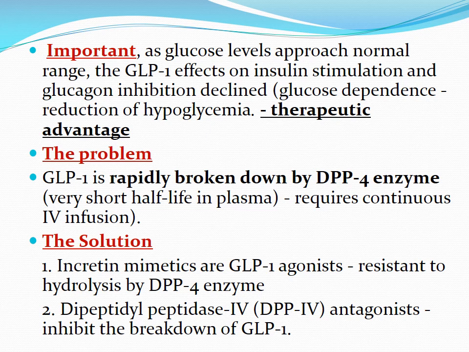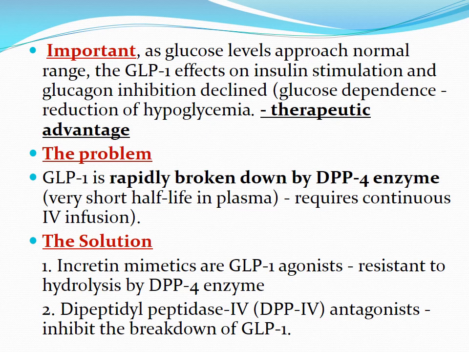It will not produce hypoglycemia, which is a therapeutic advantage. The problem with glucagon-like peptide 1 is that it's rapidly broken down by the dipeptidyl peptidase 4 enzyme. So it has a very short half-life and requires continuous IV infusion.